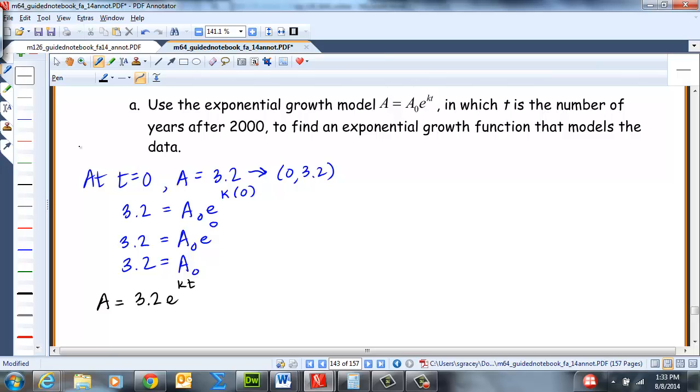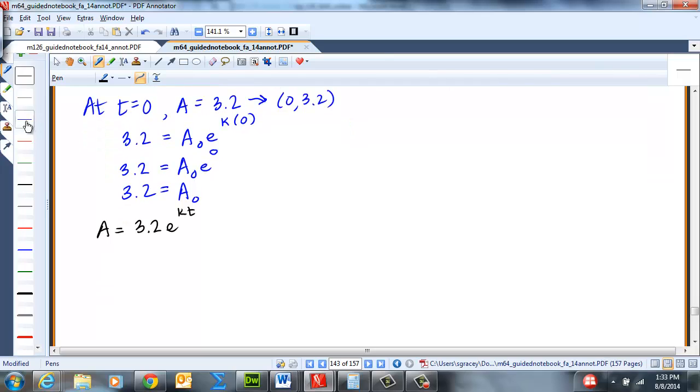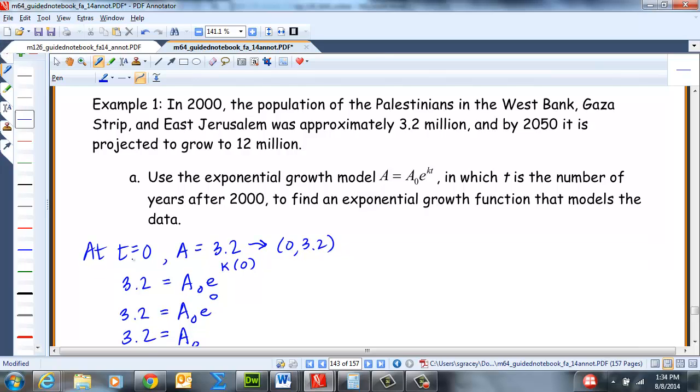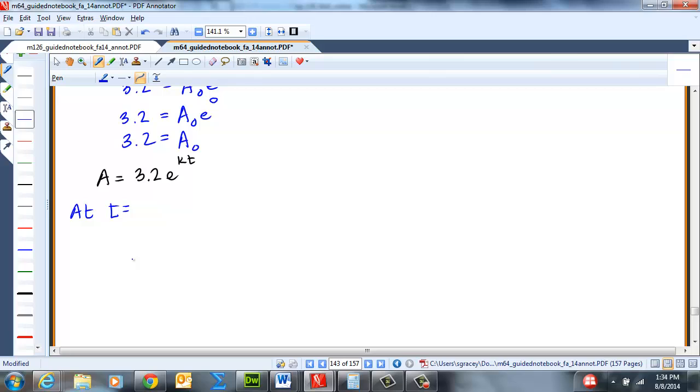So we're getting there. This is your first step to get A0. Now we have more information, don't we? We also know that at t equal to, now I'm looking at the information that by 2050 it's projected to grow to 12 million. So 2050 would be time equal to 50, and A is projected to be at 12 million. So that gives us the ordered pair 50, 12.